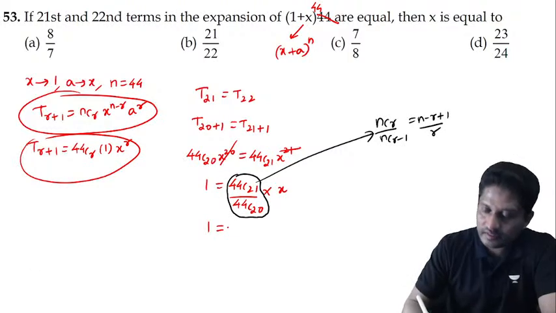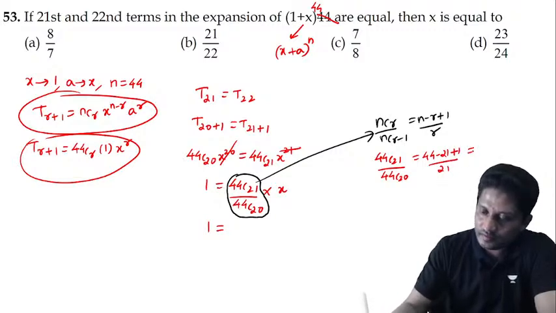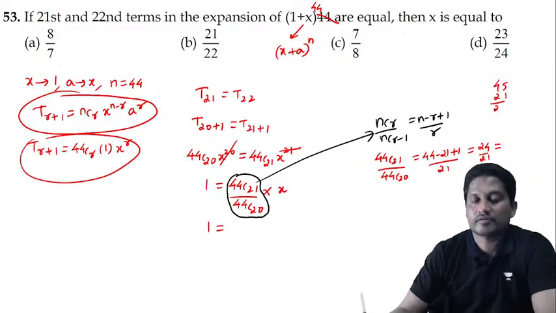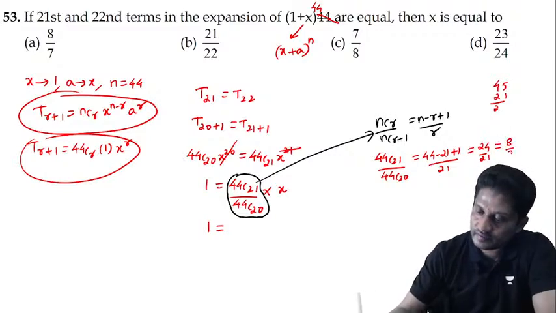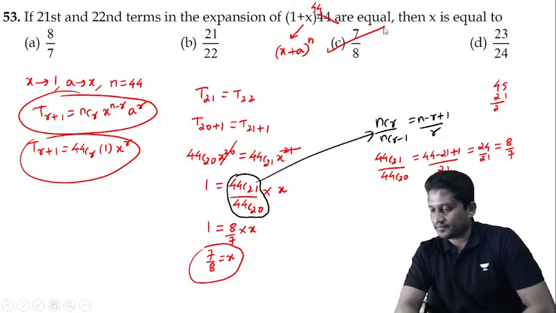So 44C21 divided by 44C20 is (45 minus 21) divided by 21, which is 24 by 21. Go to multiples of 3, so this is 8 by 7. 1 is equal to 8 by 7 into x. If I cross multiply, you get 7 by 8 is equal to x. So x is equal to 7 upon 8. Answer is option C.